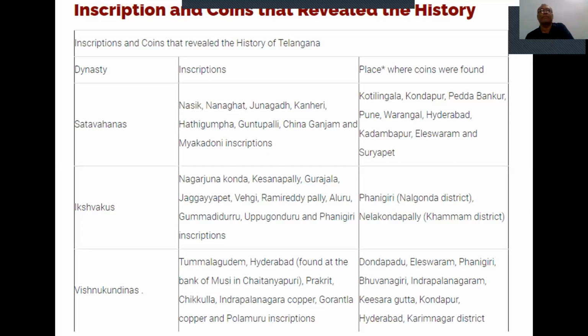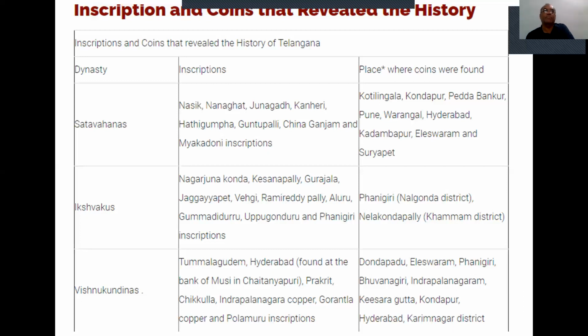So the availability of coins in distant regions indicates the extent and spread of the trade and commerce of the period. The coins available from the period are very important when you're trying to reconstruct the economic history of the dynasty.